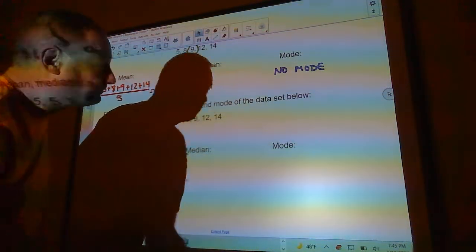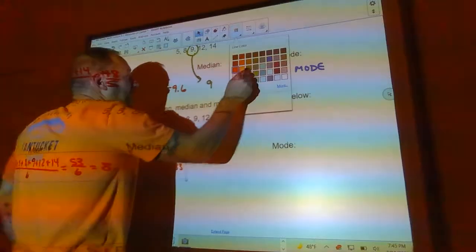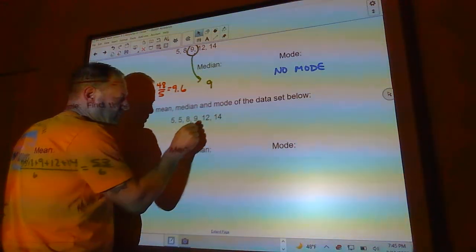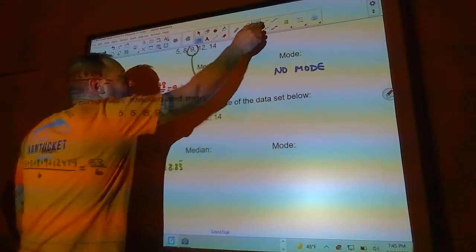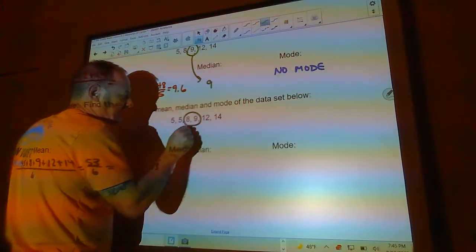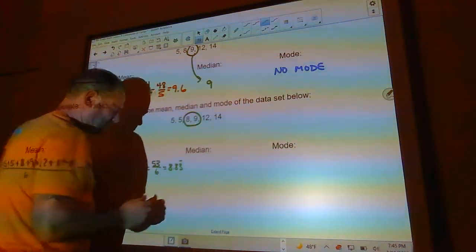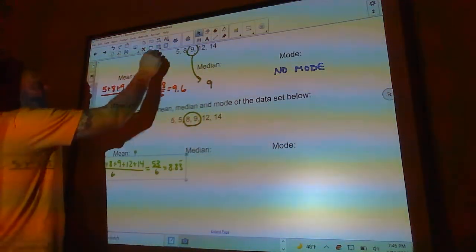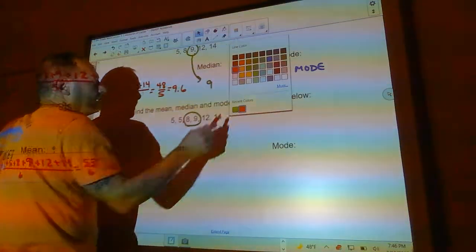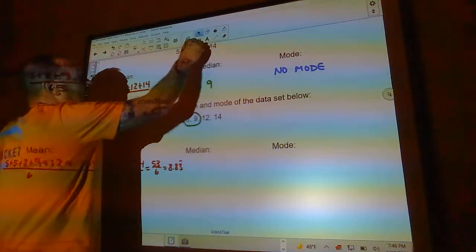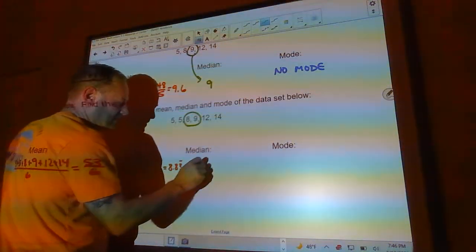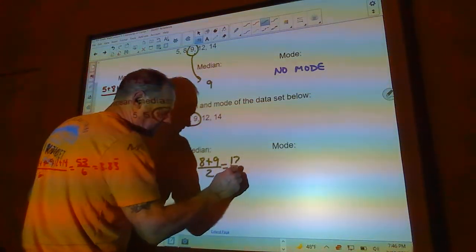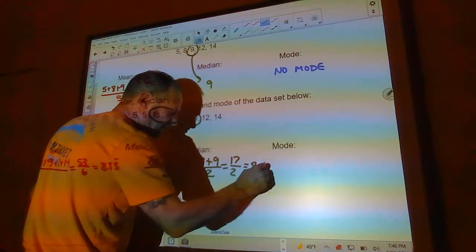Now on this one, the median, we have an even number of numbers, so we take the two middle ones, the 8 and the 9. 8 plus 9 divided by 2 would be 17 over 2, which would be 8.5.